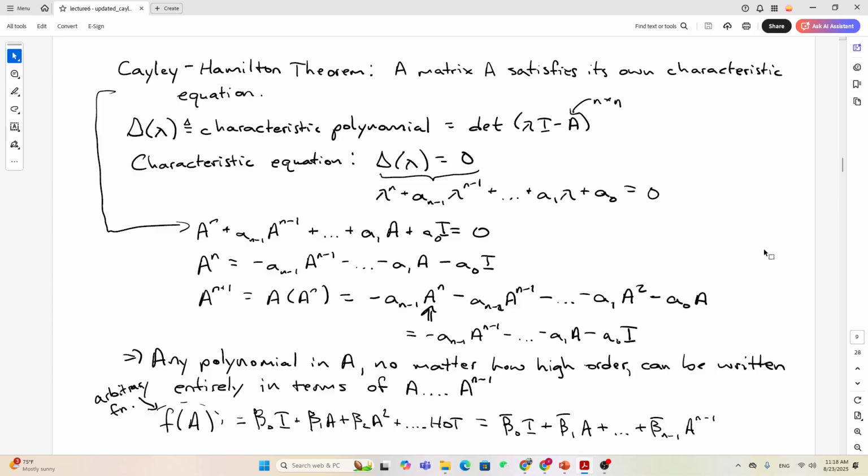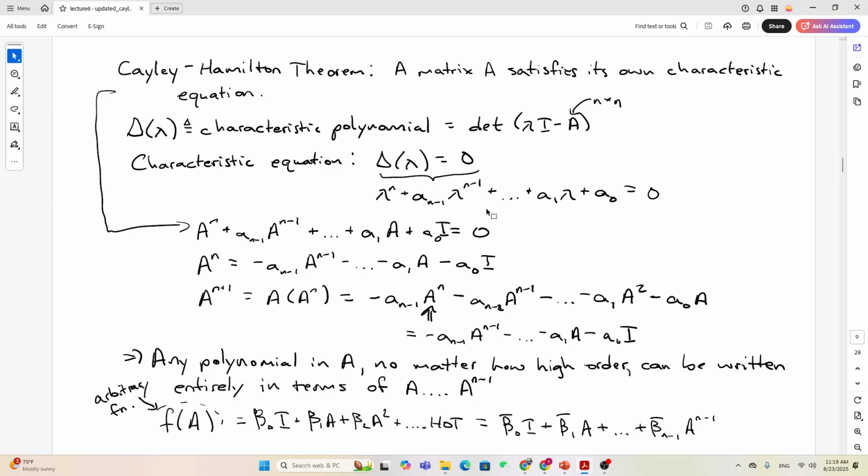A matrix A satisfies its own characteristic equation. This is the determinant of lambda I minus A, which is defined as the characteristic polynomial, where lambda is the eigenvalue of the A matrix or of your system. So it's actually the determinant of lambda I minus A equals 0, the characteristic delta of lambda equals 0.